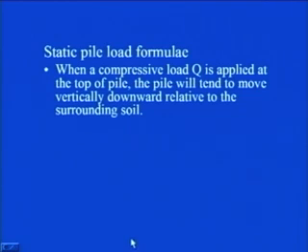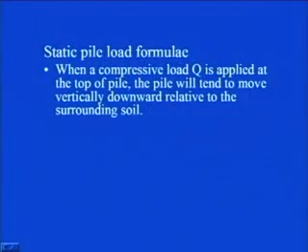When a compressive load Q is applied at the top, the pile will tend to move vertically downward relative to the surrounding soil. Obviously, when you apply load to any kind of structure, it will try to displace.